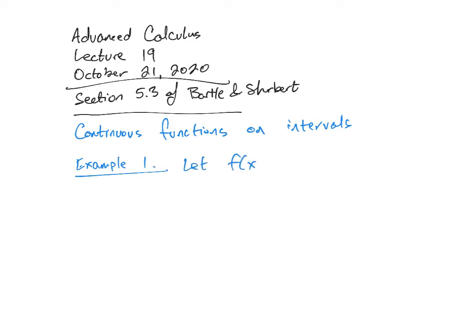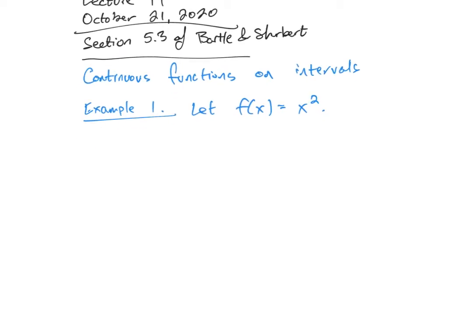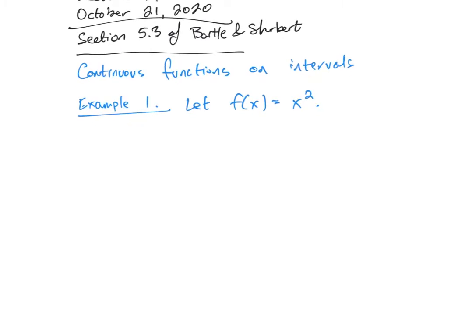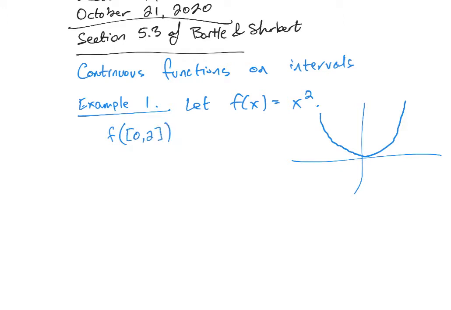Let's just look at x squared. So we all know the graph of x squared, something like that. What we're going to do is look at the images of intervals under continuous functions.